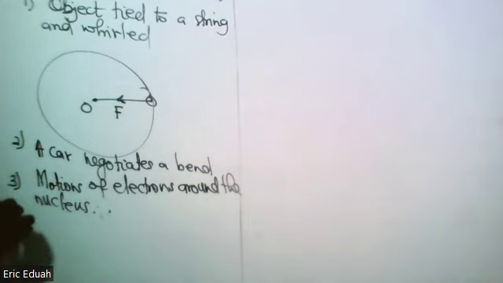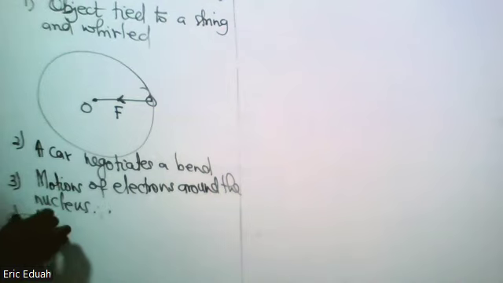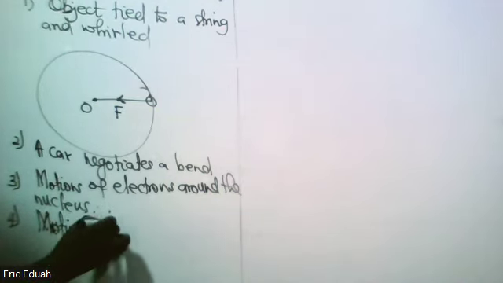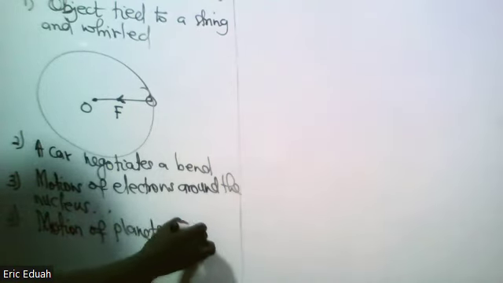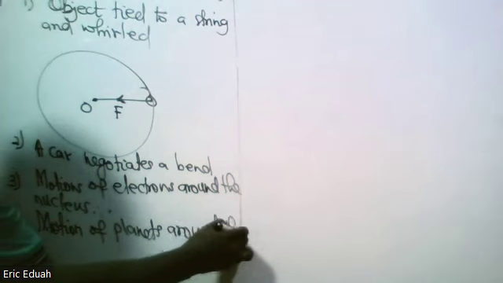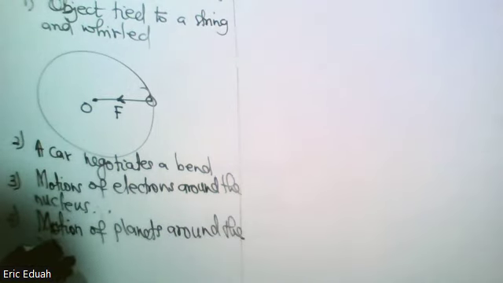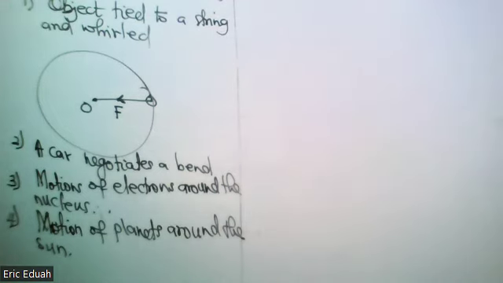And the fourth situation is motion of planets around the sun. There will be centripetal force.